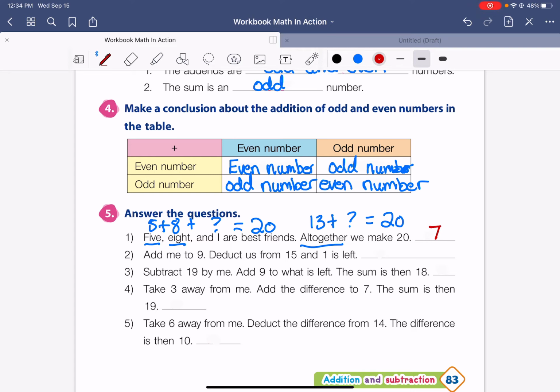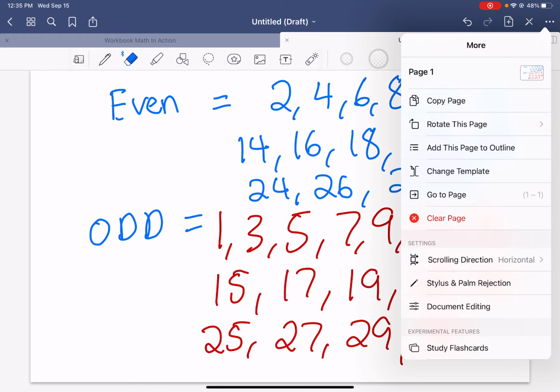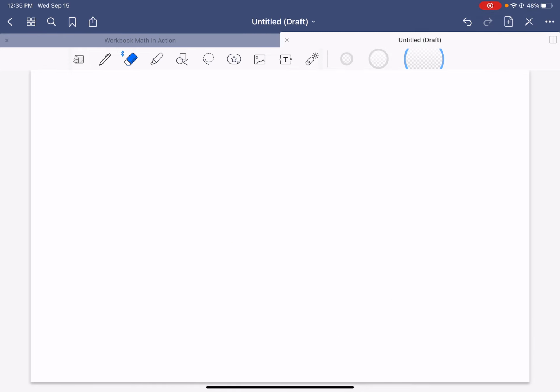All right, number 2, add me to 9. Deduct us from 15, and 1 is left. Let me erase this. It says, add me to 9.